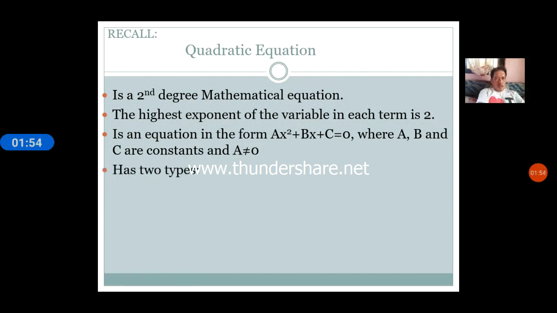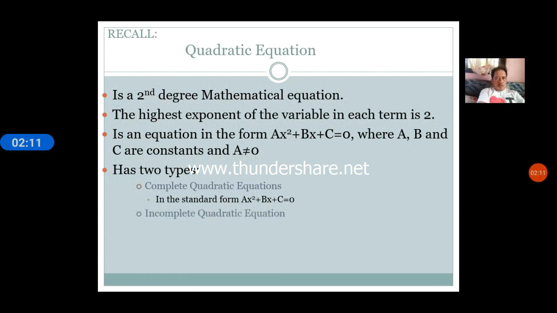It has two types. The first one is a complete quadratic equation, in the form of ax squared plus bx plus c is equal to 0, and the other one is the incomplete quadratic equation. It has two forms.